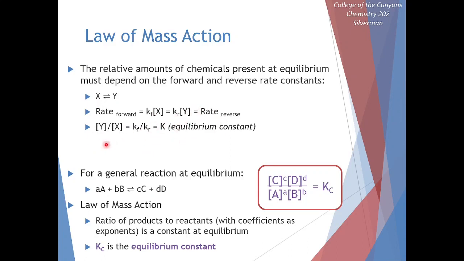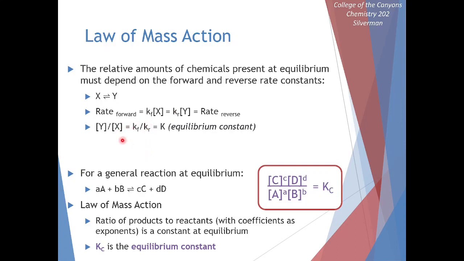So here, our relative products and reactants are related to our relative rate constants for the forward and reverse reaction. We can be a little bit more general. Maybe we have some coefficients. If we do, those coefficients, at least for elementary steps, will show up as exponents in our rate law.